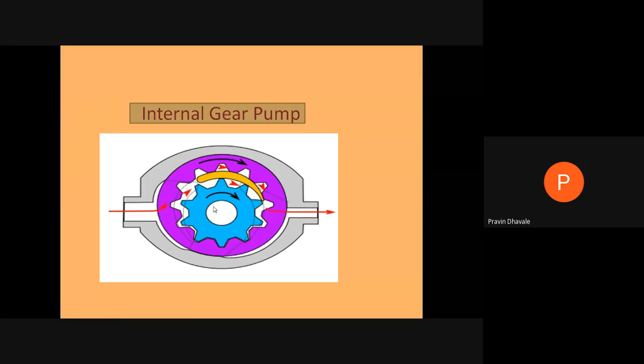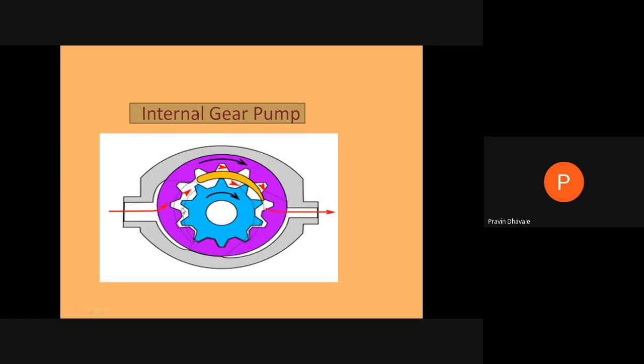When this spur gear is rotating, and the unmeshing of the teeth takes place over here, at that time a vacuum is generated over here. So this dotted portion indicates the inlet port, and fresh fluid from the reservoir comes into the pump.